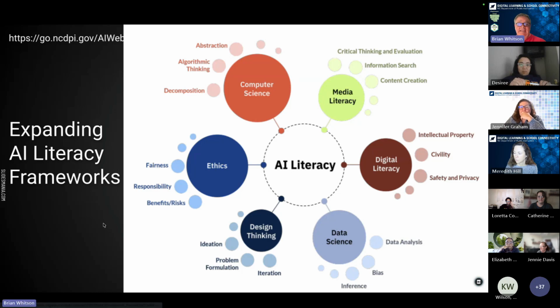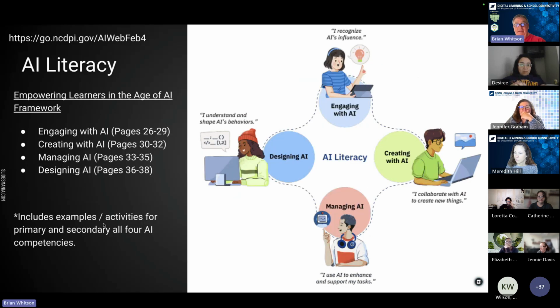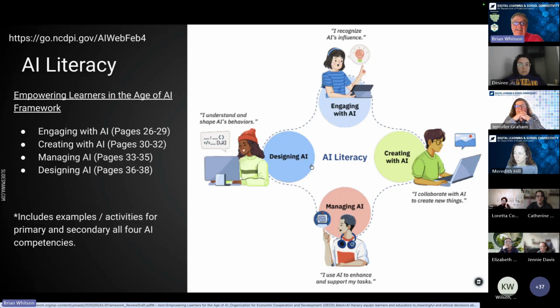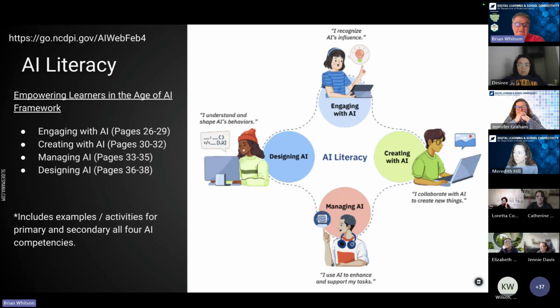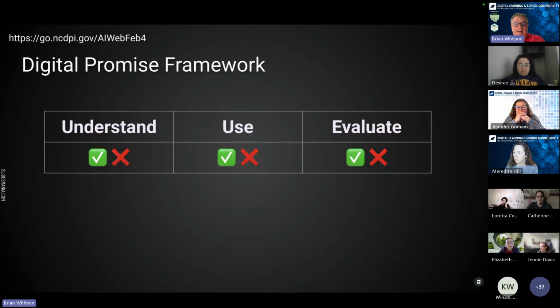And in that same resource is this ideal of AI literacy that we're looking at: engaging, creating, managing, and designing AI. If we had more time, we'd dig into this. This is Empowering Learners in the Age of AI, and you have the link to that as well. But again, we're going to default back to this Digital Promise framework to understand, use, or evaluate.